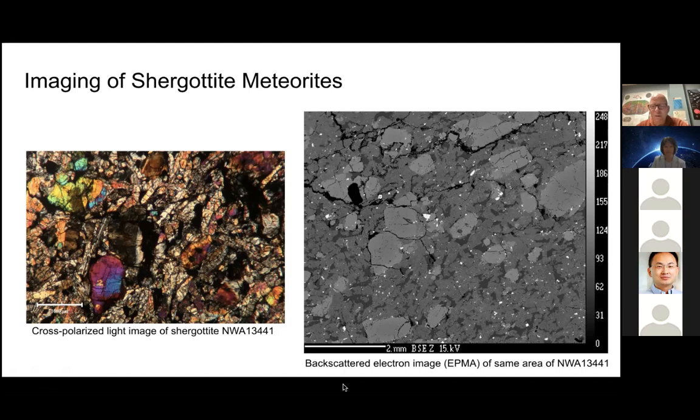So we can see the difference between what the images show us. Now, here within the electron microprobe image, we're starting to see some of that chemical nature coming out. But the X-ray mapping techniques that we use and the processing of X-ray data gives us a much stronger sense of how elements are distributed within minerals within a sample.